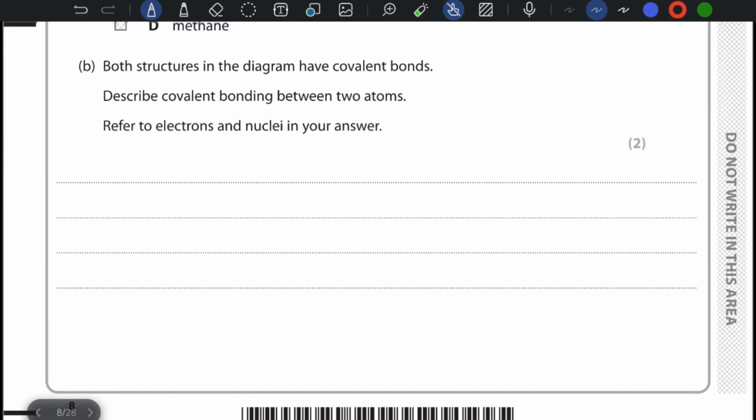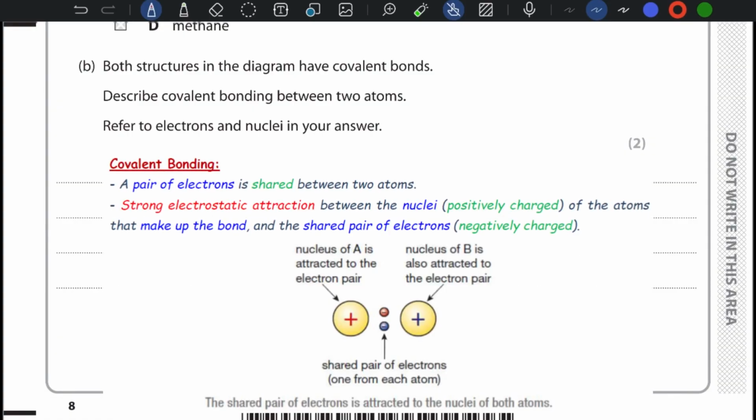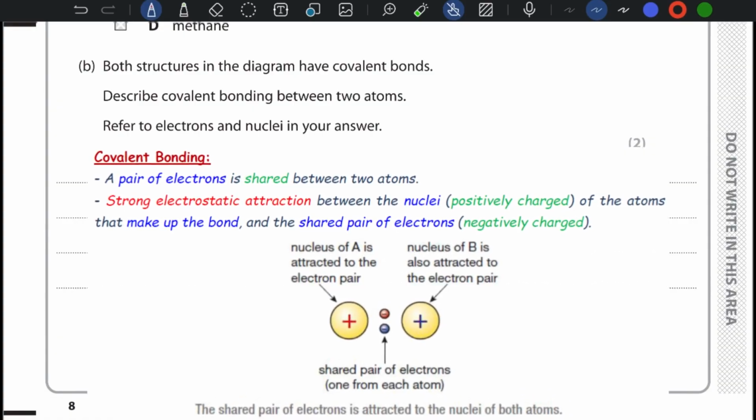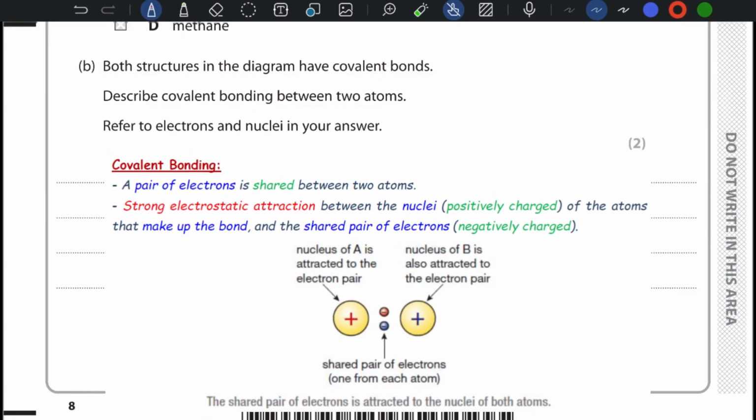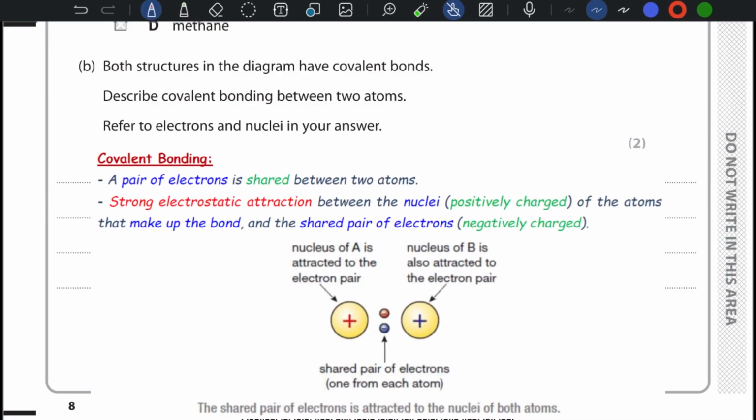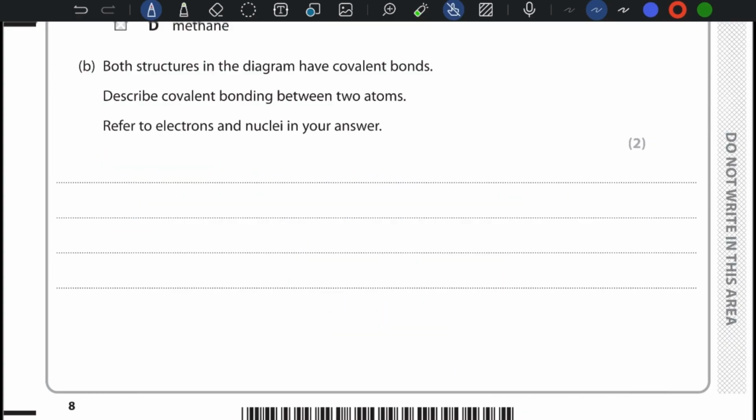Both structures in the diagram have covalent bonds. Describe covalent bonding between two atoms, refer to electrons and the nuclei in your answer. So he gave you a hint, you just have to mention nuclei and the electrons. A bond is described as electrostatic attraction.